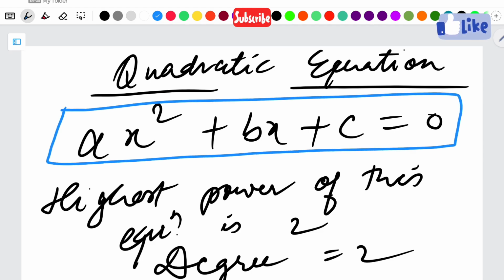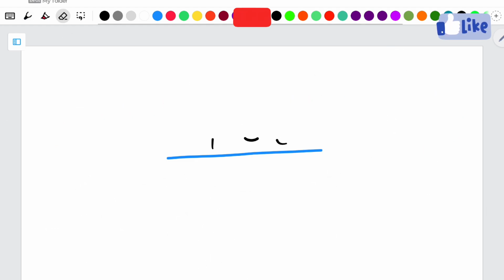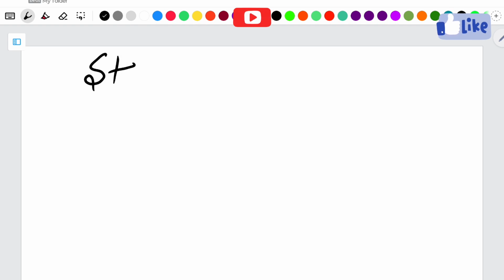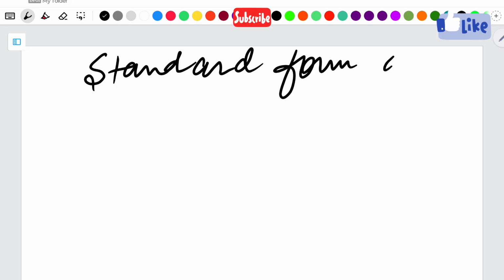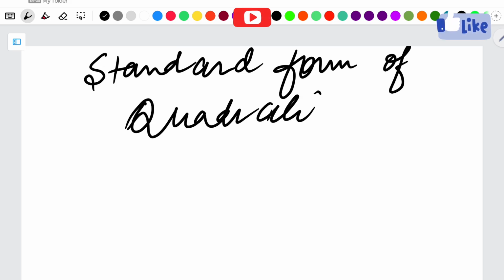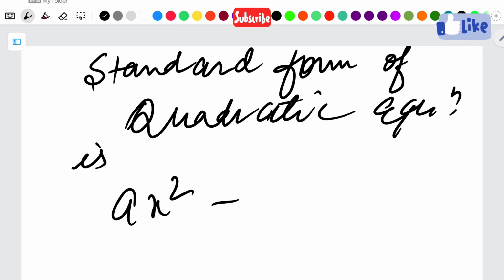Okay, now see, the standard form of quadratic equation is ax² + bx + c = 0.